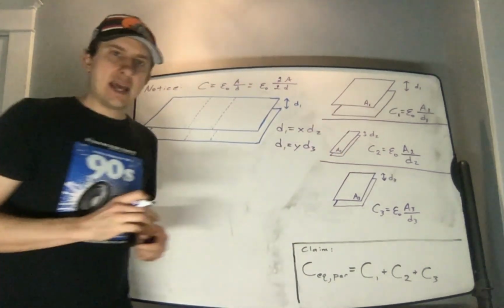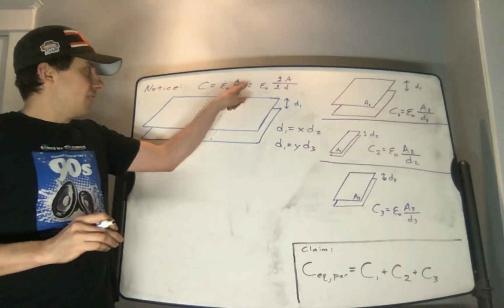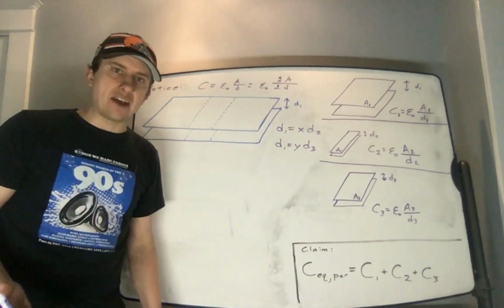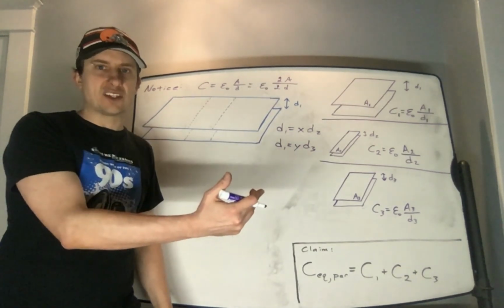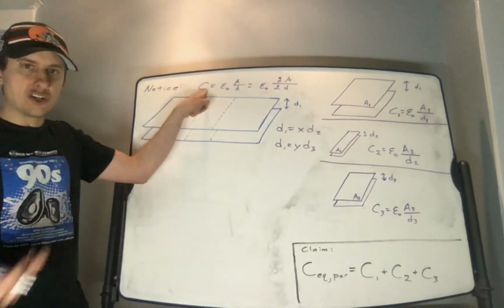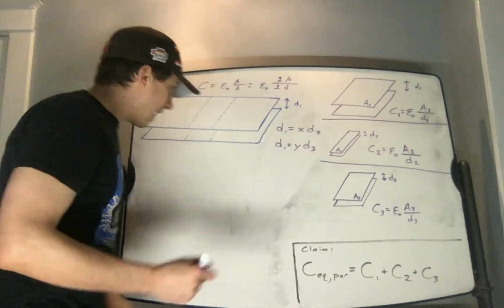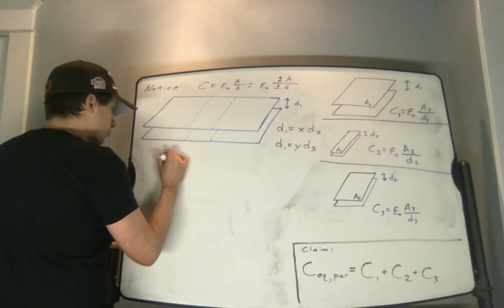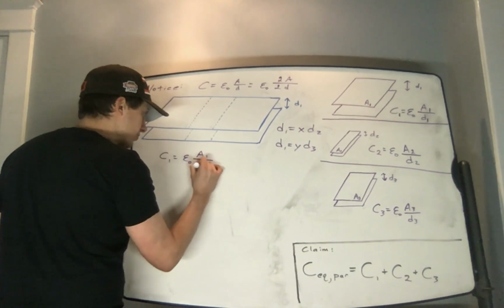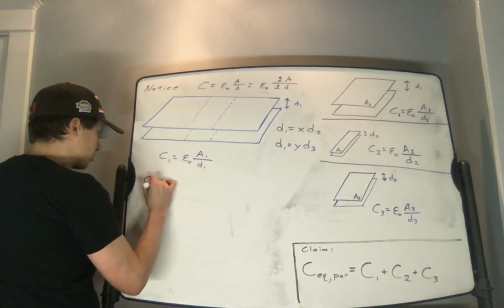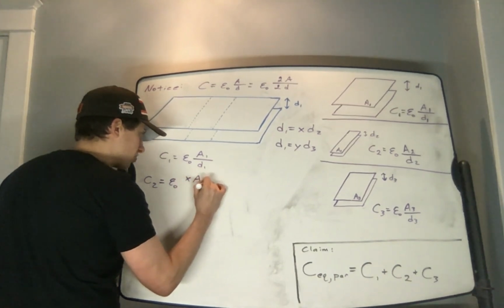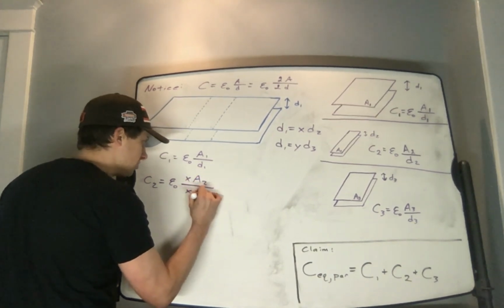As we said up here, if we change the distance between the capacitor plates by a certain factor, and we change the surface area of those plates by that same factor, we will not change the capacitance. So I could write that C1 is equal to epsilon naught times A1 over D1. I could write C2 is equal to epsilon naught x times A2 over x times D2.